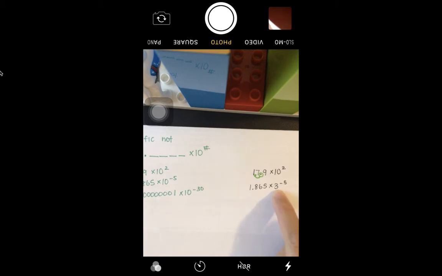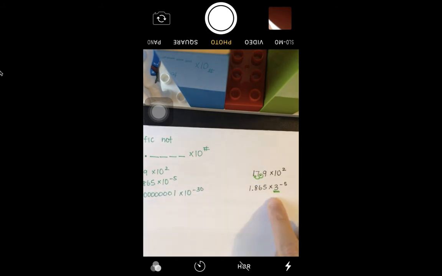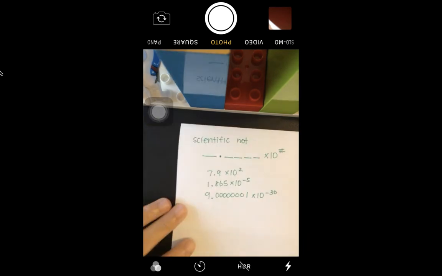Because it's times 3, right? Remember, scientific notation is always times 10 to the something. So if it doesn't say times 10 to the something, it is not considered scientific notation. Good job. Okay, so that's the difference between not written in scientific notation and yes, it is written in scientific notation. Okay, moving on then.